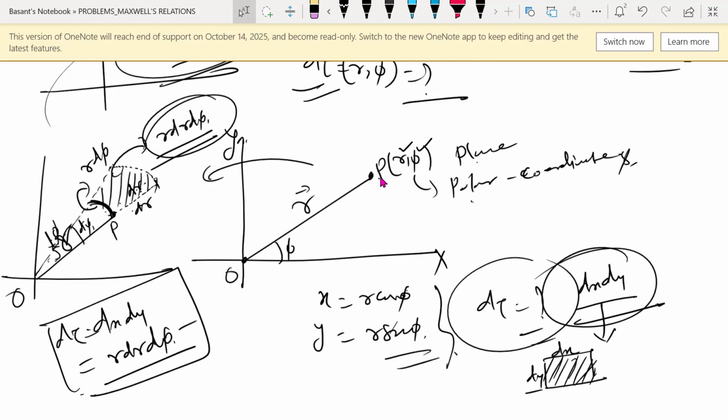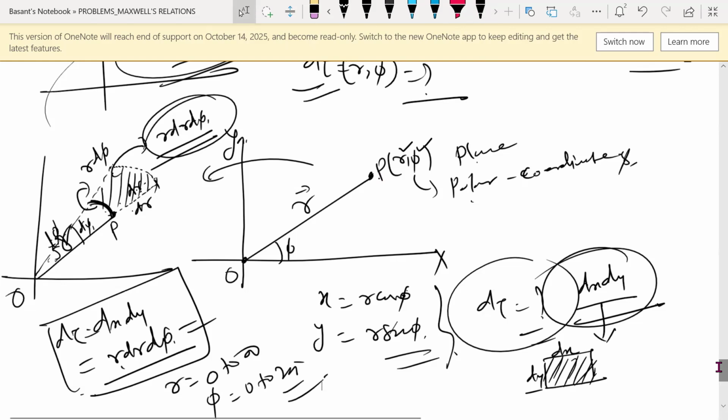This is important for the examination. In two-dimensional plane polar coordinates, d tau is r dr d phi. And the range of r is 0 to infinity and the range of phi is 0 to 2 pi for constructing the plane, that is the circular plane.